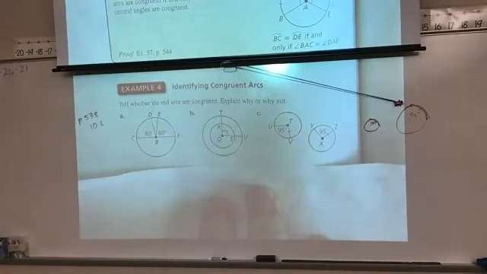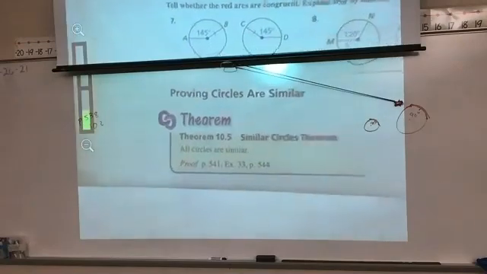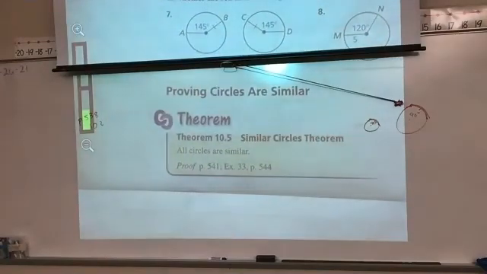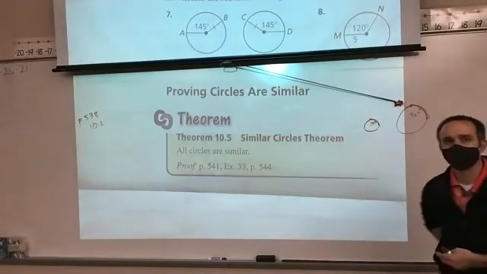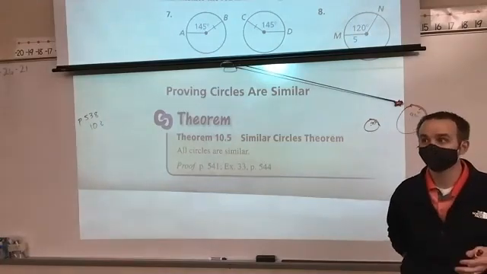Okay. A lot of stuff in here, but it's a lot of little stuff. It's not totally difficult, it's just we've got to cover some stuff. The last theorem that we have, very difficult theorem: all circles are similar. We said similar figures in the past all have the same angle measures, and the side lengths were proportional.